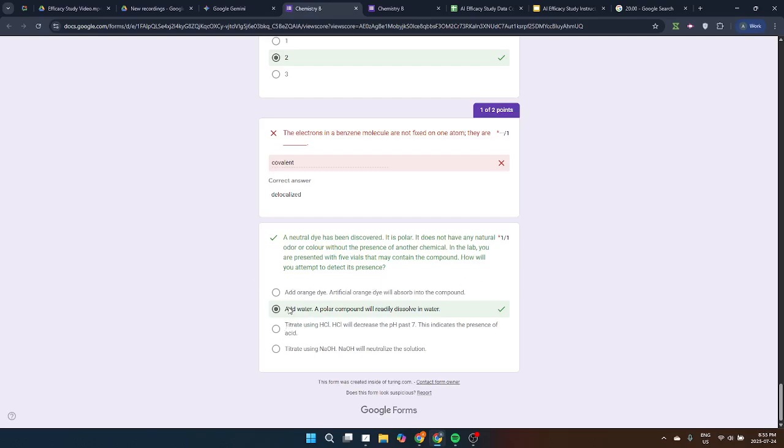So if we add water, a polar compound will readily dissolve in water. That makes sense, right? So polar and polar, that feels like it makes sense. And again, maybe this one, add orange dye, artificial orange dye will absorb into the compound. That doesn't seem very right. I'm not sure what kind of compound would qualify for this, but that's how I did this last question.